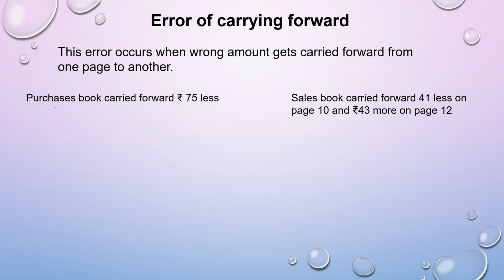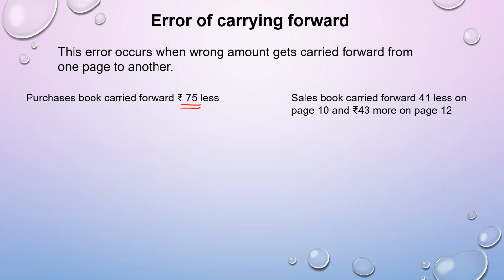In this case, let us understand how do we go about rectifying it. First example I have here for you is purchases book carried forward 75 less. Now from the purchase book, the individual transactions get posted to the credit of the creditors and the totals get carried forward to the purchase account. So whatever this purchase book carry forward 75 less we are talking about is the totals.